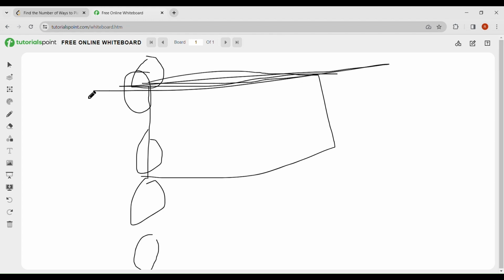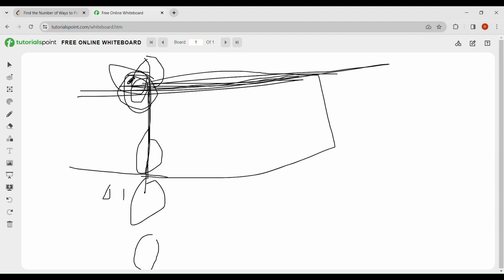Suppose this point is 0 0, then we need to consider only those points which are greater in x and lesser in y. Then I am checking whether there is any point which is lesser than this one and has an equal x coordinate.